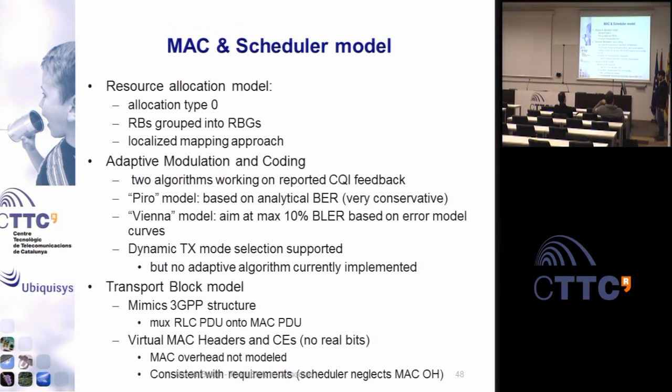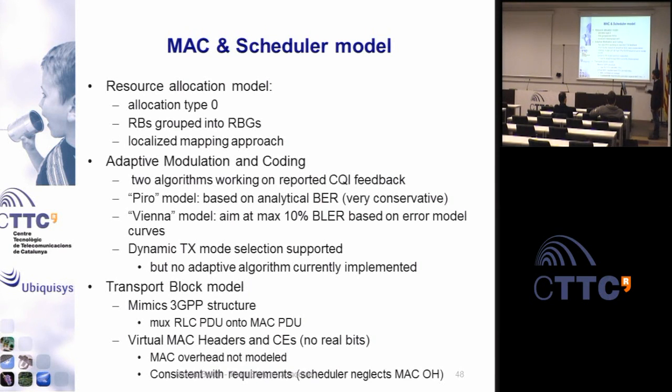It means that, again, leveraging the femtoforum API, the scheduler can issue a command to change the transmission mode, and the rest of the simulator model will react properly to this command and switch the mode. But no current scheduler implementation is using this. So this is left for a vendor, for example, to implement a custom smart algorithm that dynamically adapts the transmission mode.